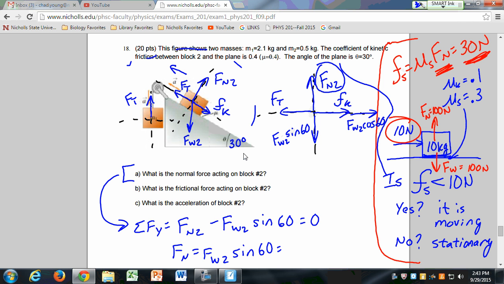That's going to be 0.5 times 10. That's 5 newtons. Sine of 60 is a half, right? No, times 5. It's 4.3. So that's the normal force.